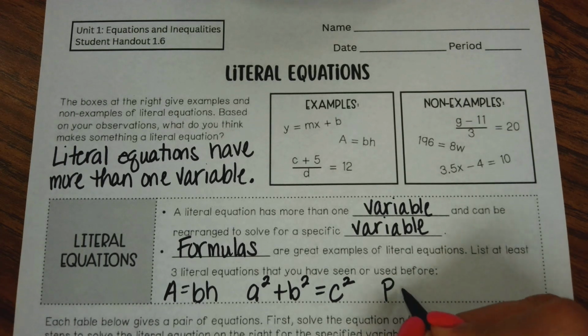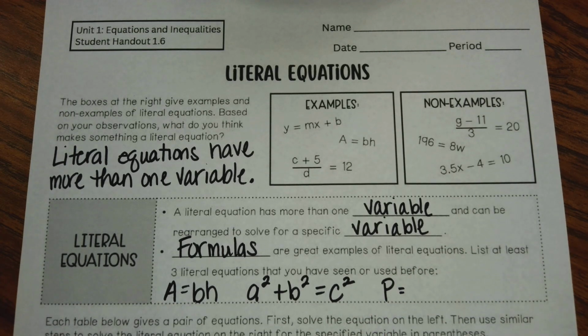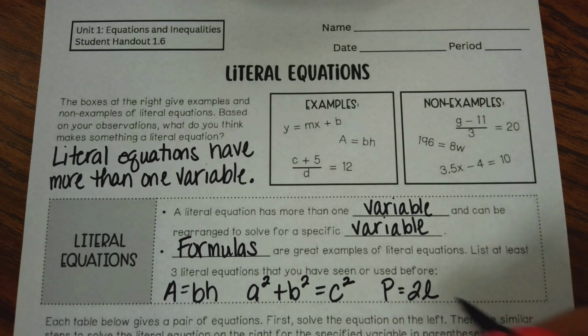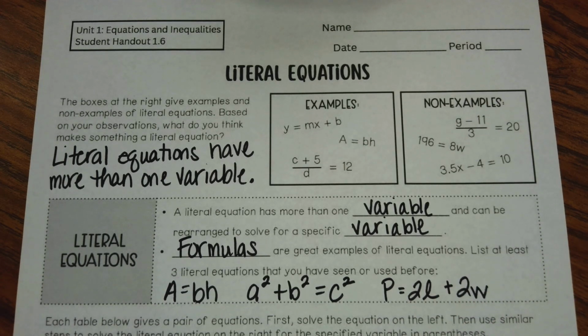Perimeter equals, there's a couple ways you could do this, but we're going to say you have 2 lengths that are identical plus 2 widths that are also identical. You can combine the lengths and the widths together to get the perimeter. Okay, so notice all 3 of these examples have more than one variable.